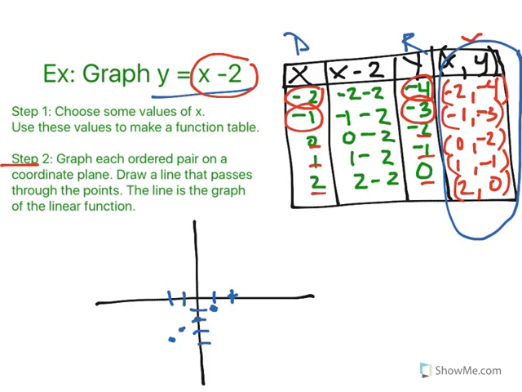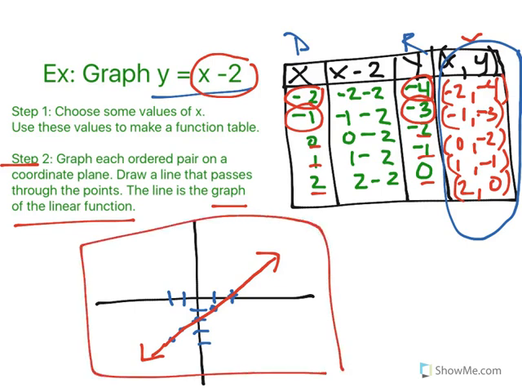Then all I'm going to do, and you can use a straight edge if you'd like, is draw your line as best as you can straight through those points, and that's going to be the graph of our linear function. You had to do all of this work to get to that point, but ultimately this is my final answer.